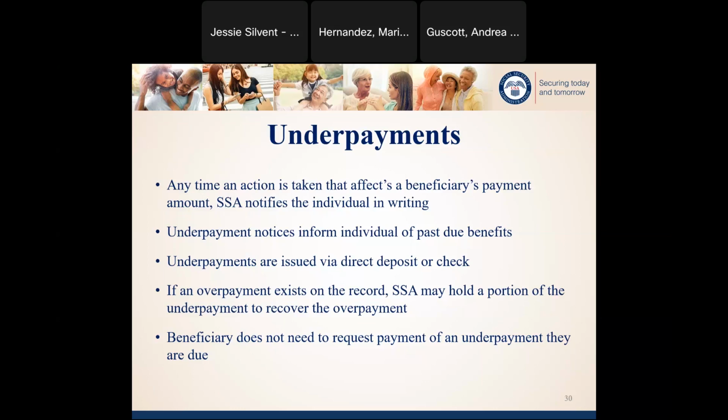If there's no spouse, then it would go to a child of the deceased beneficiary. If there's no children and they have parents who are living, it would go to the parents. And then finally, the legal representative of that deceased beneficiary's estate. So we do try to find someone that we can pay that underpayment to if the individual is deceased. Next slide.